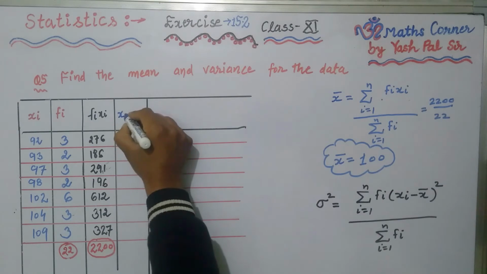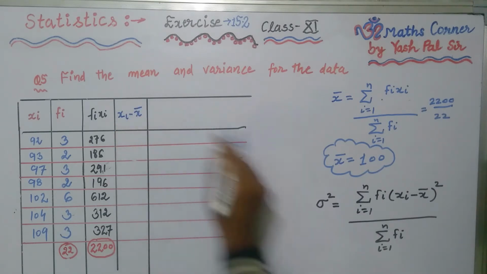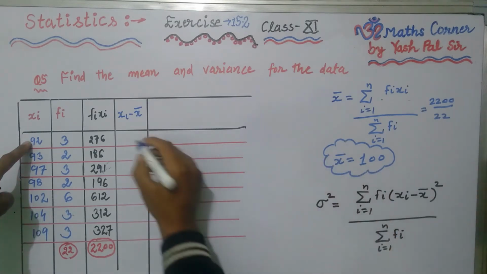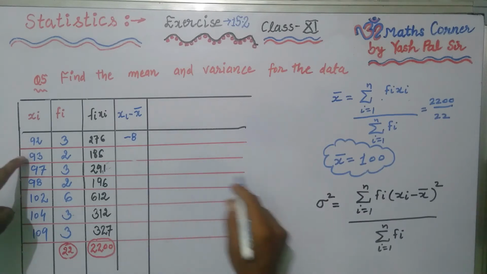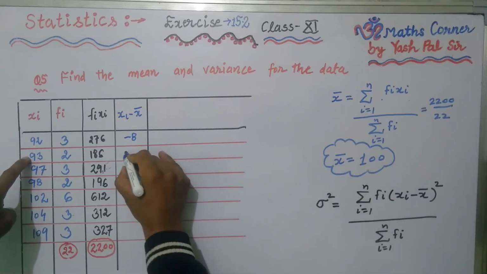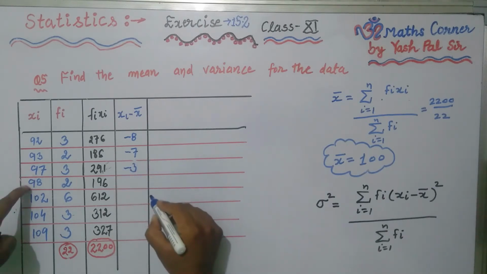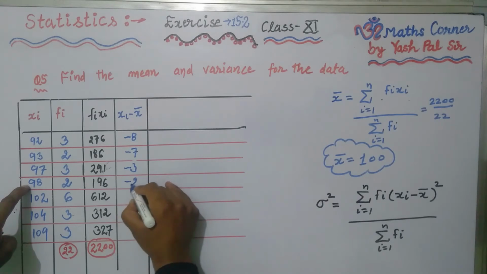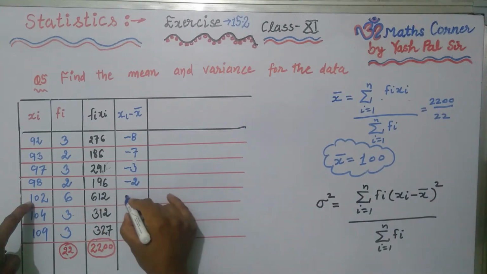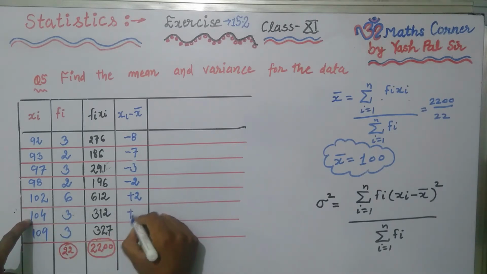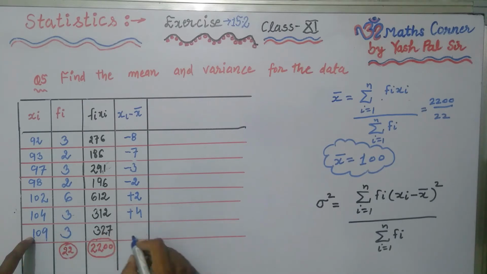Xi minus x bar. X bar is 100, xi is this 92 minus 100 is minus 8, 93 minus 100 is minus 7, 97 minus 100 is minus 3, 98 minus 100 is minus 2, 102 minus 100 is plus 2, 104 minus 100 is plus 4, 109 minus 100, this is plus 9.